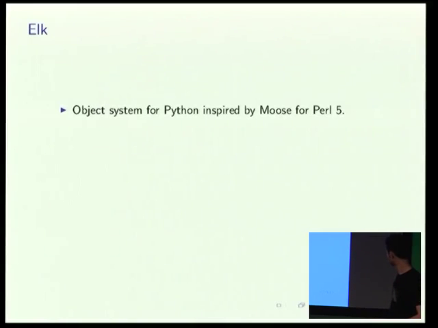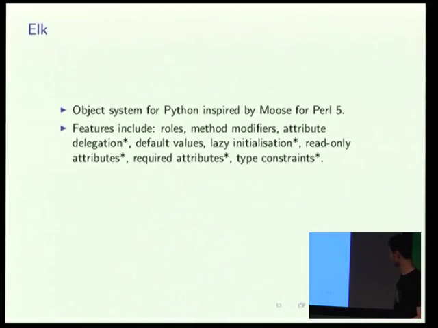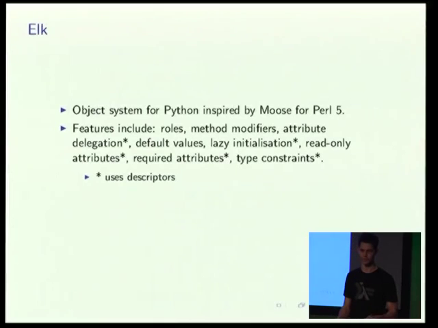So I wrote Elk. The features include roles, method modifiers, attribute delegation, default values, lazy initialization, read-only attributes, required attributes, type constraints, and a whole lot more. And the things with the star are using descriptors somewhere in their implementation.